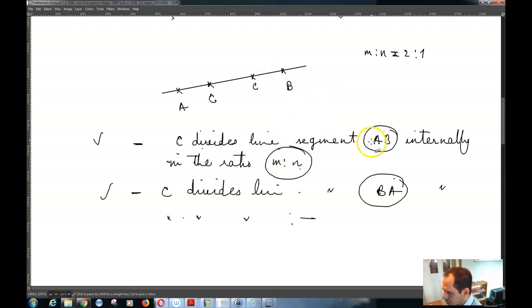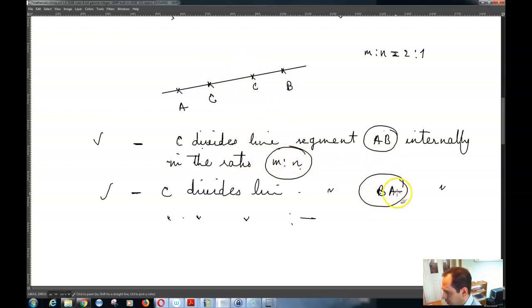So it's always better to learn these two basic things and then forget about the rest, because at the end of the day, if C divides the line segment AB internally in the ratio m to n, that would be the same thing as if the point C divided the line segment BA in the ratio n to m.